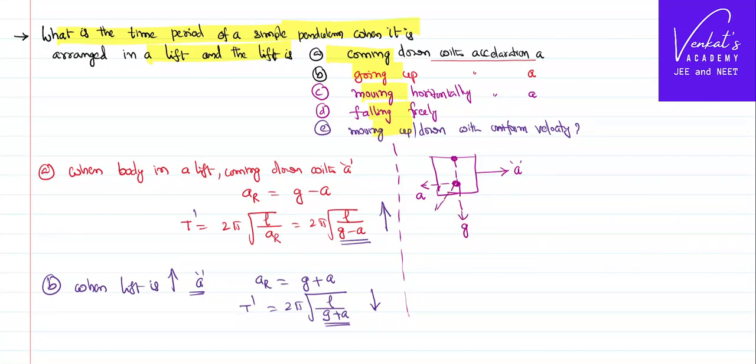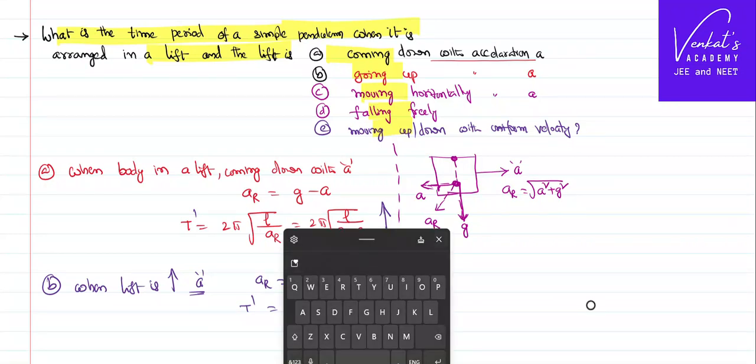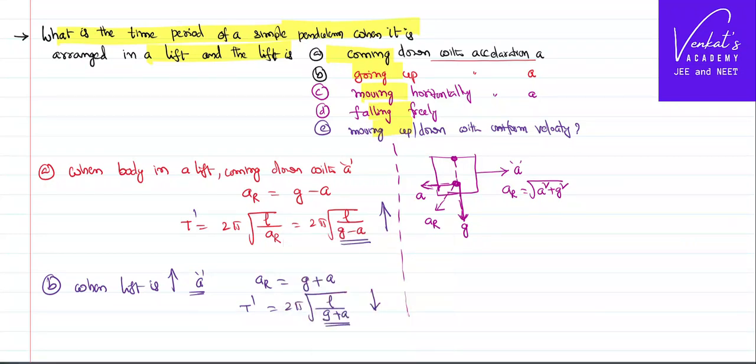The resultant will be somewhere here. That's the a resultant, the vector sum of these two, which are perpendicular to each other. So a resultant is root of acceleration of the lift squared plus acceleration due to gravity squared. Because when two vectors are perpendicular, the resultant is root of p square plus q square plus 2pq cos theta, and theta is 90, so cos 90 is 0.